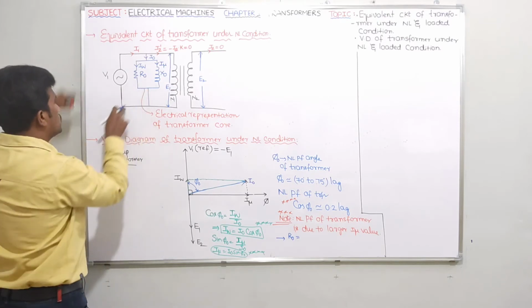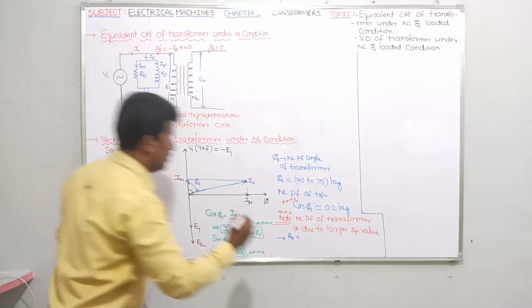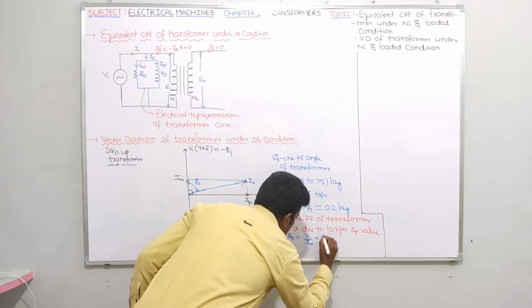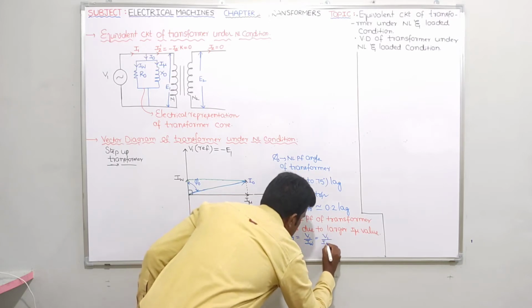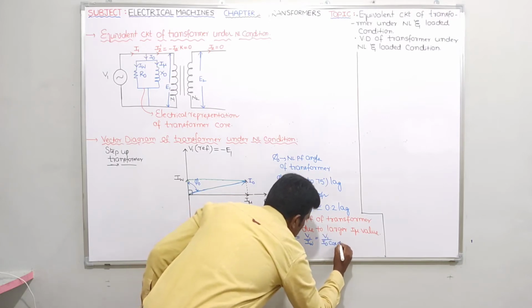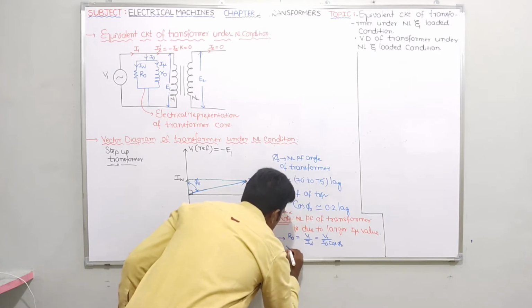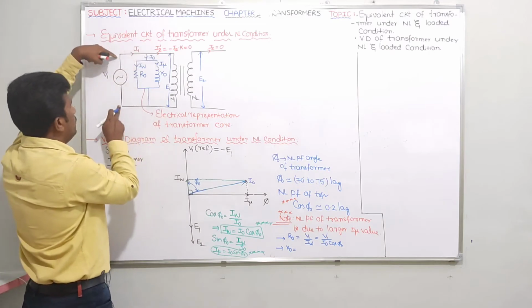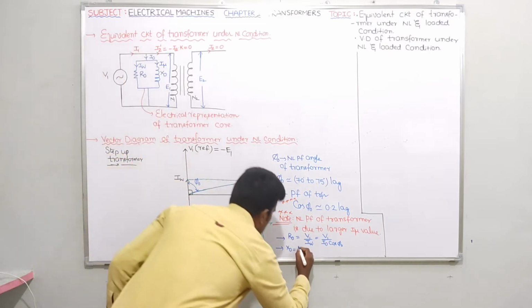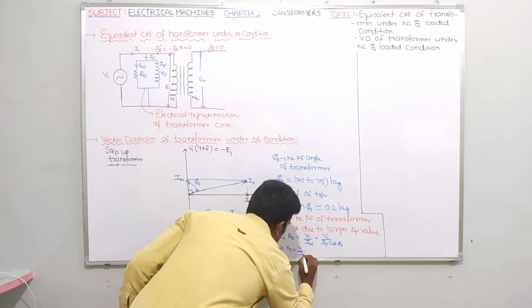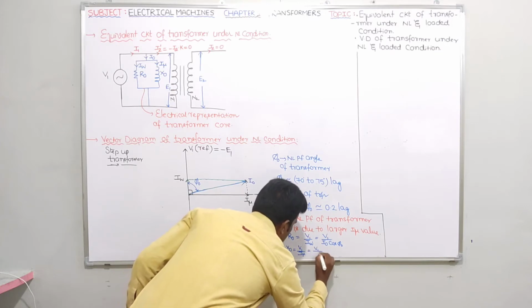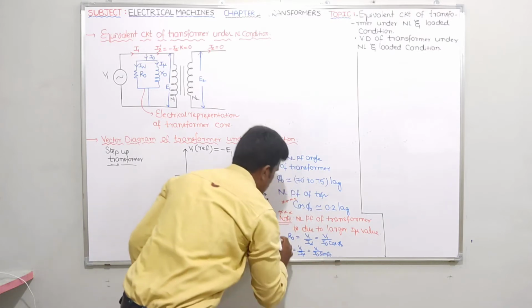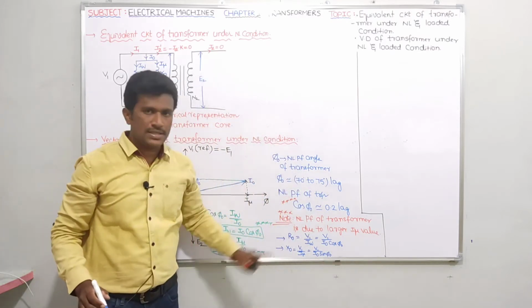R0 equals V1 by Iw, which is V1 by I0 cos φ0. Similarly, X0 equals V1 by Iμ, which is V1 by I0 sin φ0. So these are the formulas for R0 and X0.